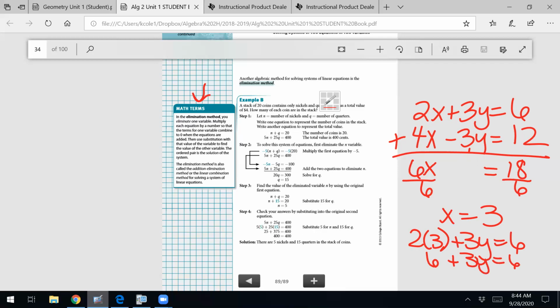I subtract 6. That gives me 0. 3y equals 0. How do I get the y by itself? Divide by 3. What's 0 divided by 3? 0. So our solution would be 3, comma, 0.